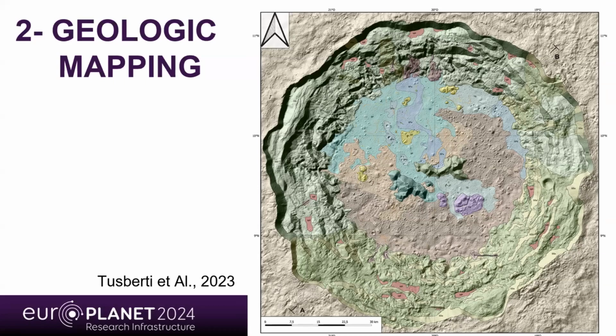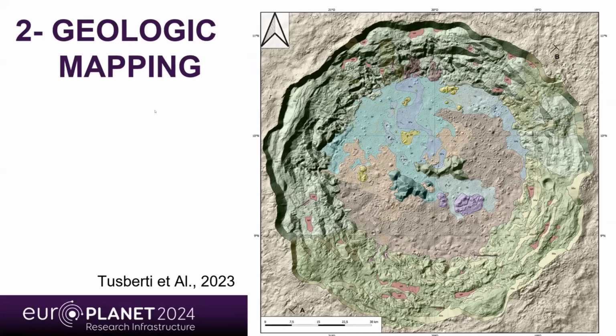So we basically distinguished more floor units on the basis of their spectral content of mainly plagioclase, orthopyroxene, and clinopyroxenes, and obviously of olivine. Like in the central peak, we have the northern central peak, which is rich in olivine. So we distinguished among the two, and so on. So that was our work in this area.